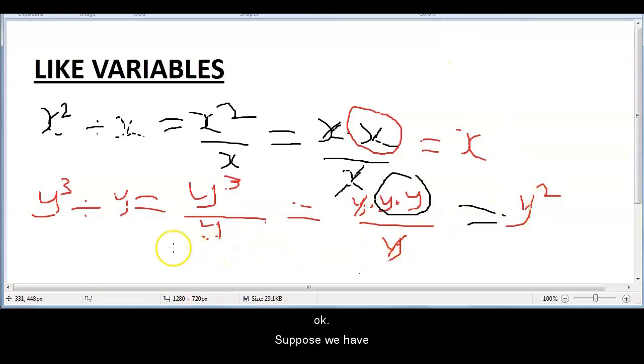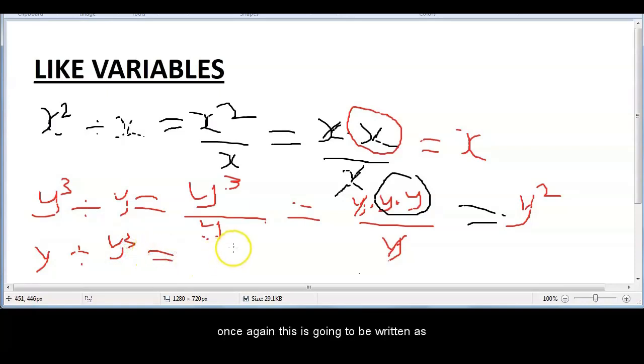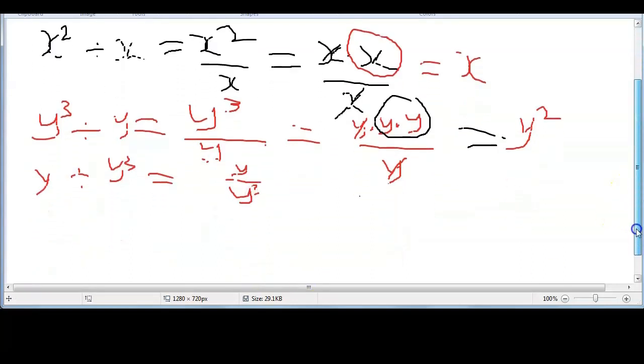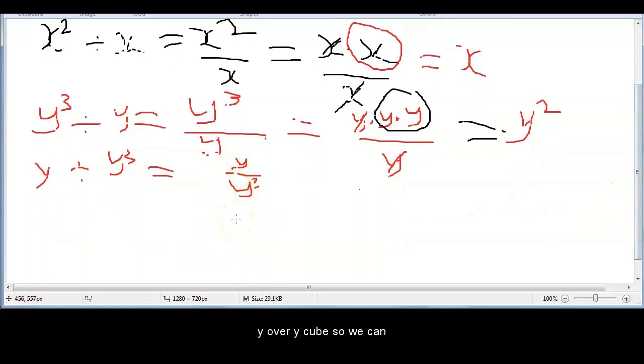Okay, suppose we have y divided by y cube, the other way around. So once again, this is going to be written as y over y cube. We can rewrite this as y divided by y dot y dot y.